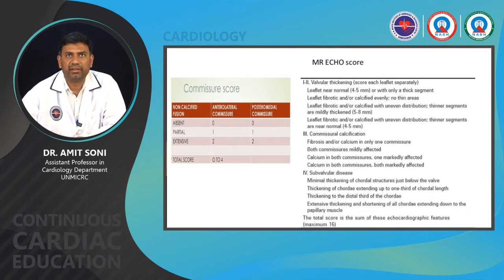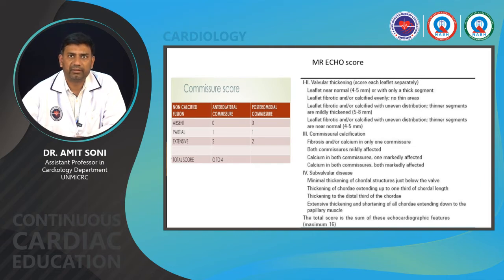So this is the MR echo score. In commissures scores, the non-calcified fusion, anterolateral commissure and posteromedial commissure, and the MR echo score of 1 to 2 is valvular thickening. It scores each leaflet separately.